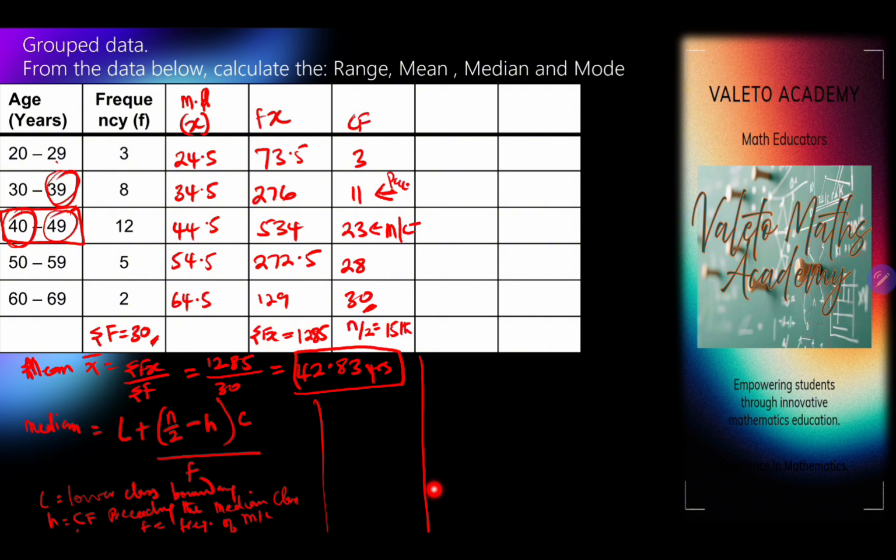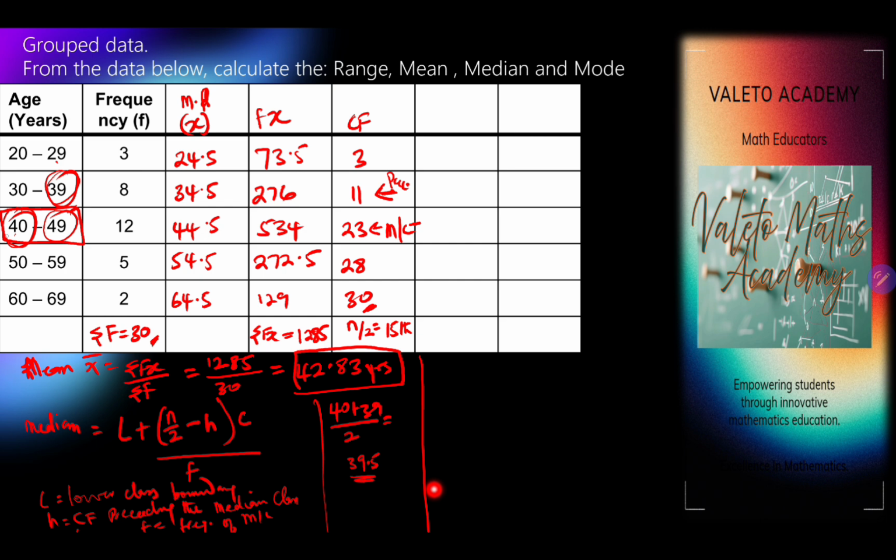So to ensure that there is no gap, we find the average of the upper boundary of the preceding class plus the lower boundary of the median class, which is 40 plus 39 divided by 2, and that is 39.5.